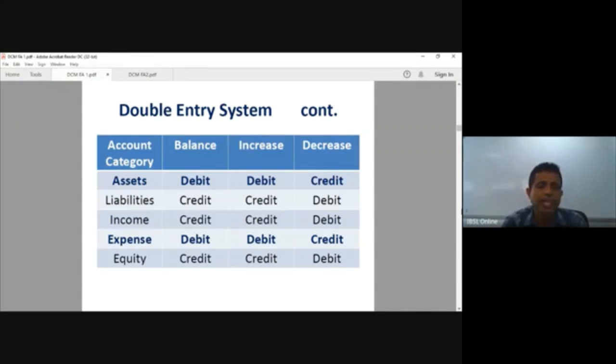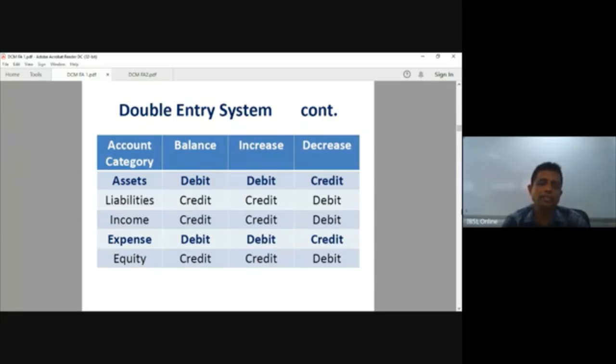He not only introduced these 5 accounts, he said these 5 accounts have balances. An asset should have a debit balance. A liability should always have a credit balance. An income account should always have a credit balance. An expense account should have a debit balance. An equity account should have a credit balance.